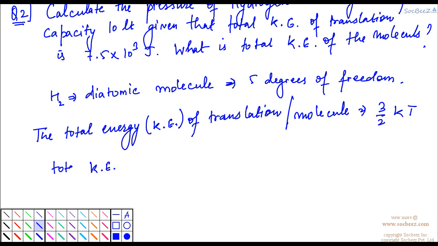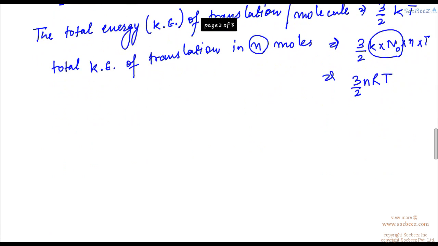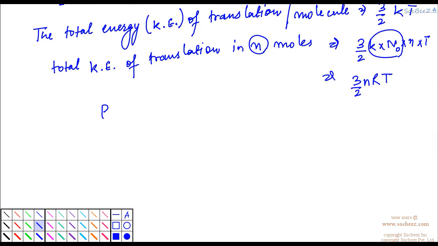So total kinetic energy of translation in n moles would be 3/2 K into n naught into n into T. As you know, K into n naught is R, so 3/2 nRT. Now as you know that we are dealing with the ideal gases, so PV is equal to nRT holds.